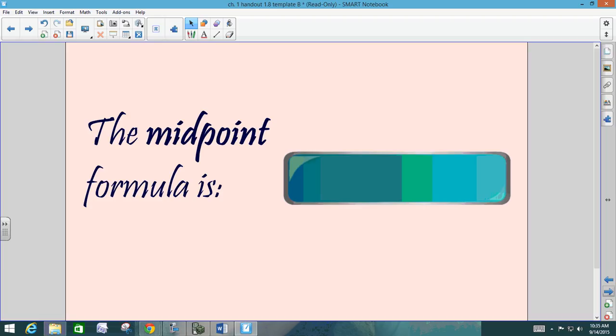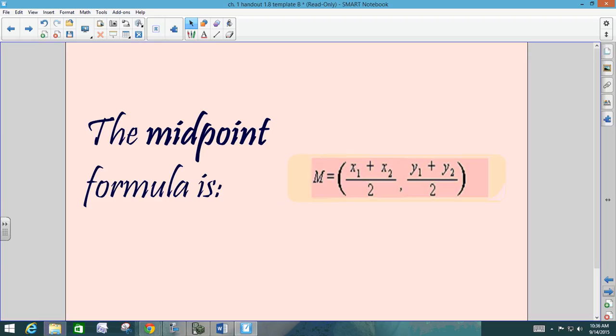So really you're trying to find two midpoints, because you're trying to find the midpoint of the x's and the midpoint of the y's, because you need an x value and a y value. Your midpoint formula: x1 plus x2 divided by 2, and y1 plus y2 divided by 2. Highlight that or circle it or something there on your paper. If you add two things and divide by 2, what are you finding about those two things?